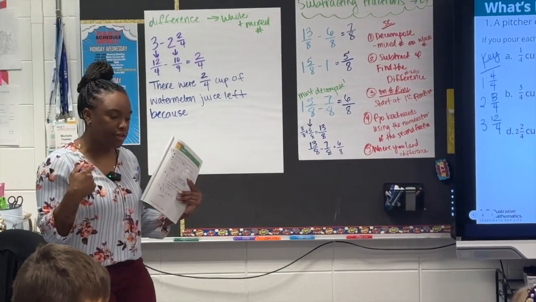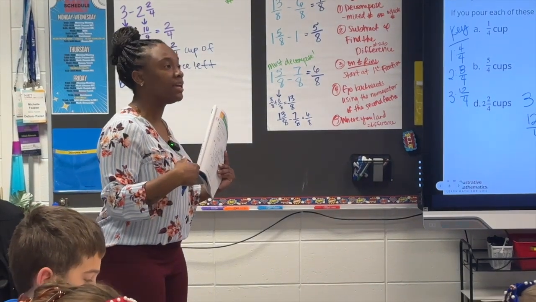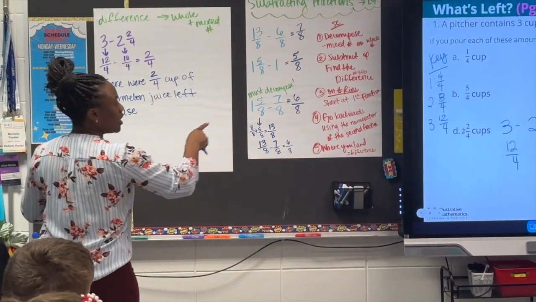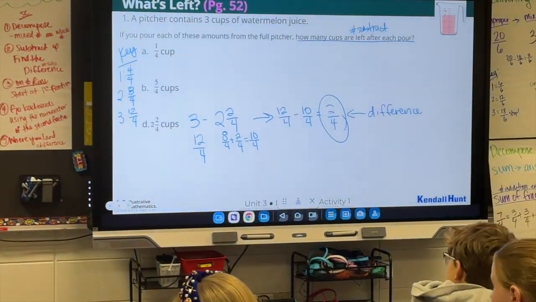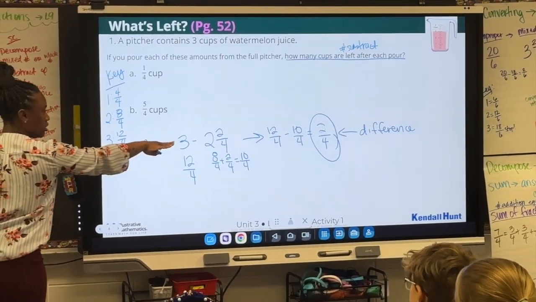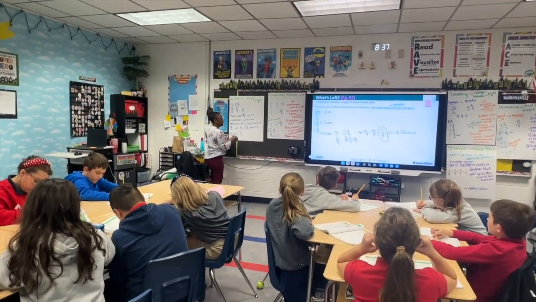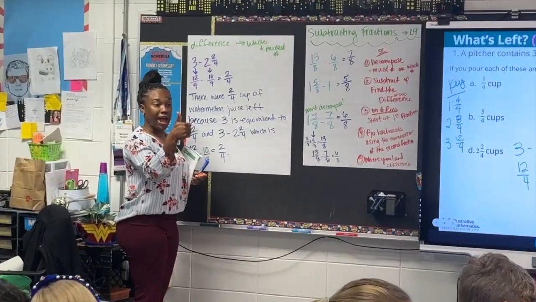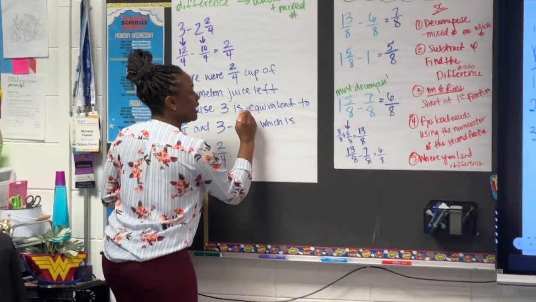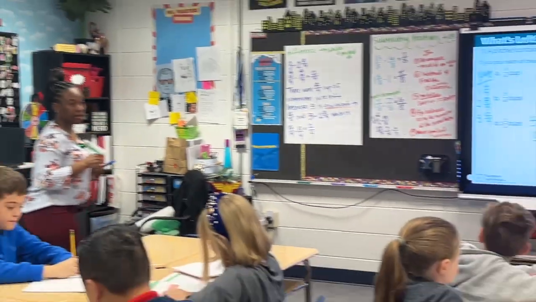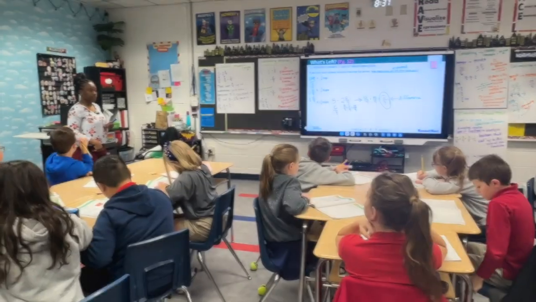So here we go. Remember, your standard said that you're going to be finding equivalent values. What was our 3 equivalent to? 12/4. Because what did your standard say you should be able to do? Subtract and use an equivalent fraction. And did we or did we not do that? We did.